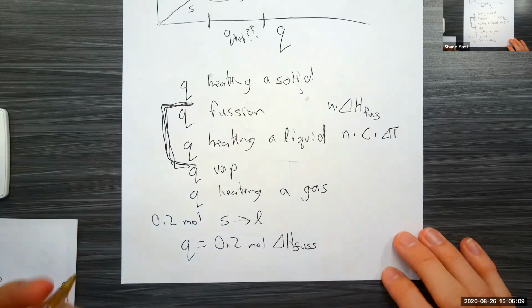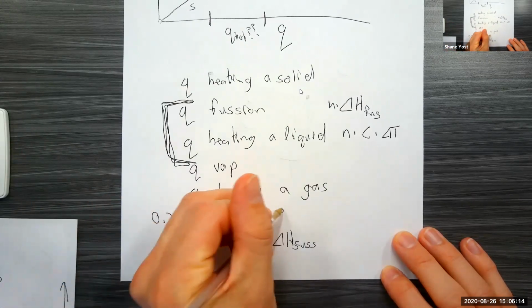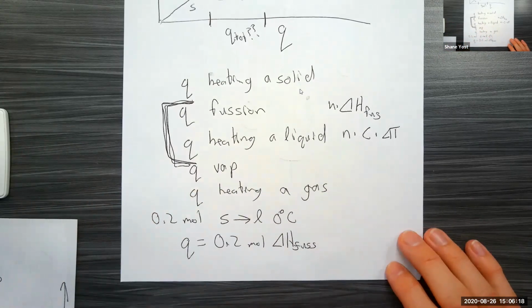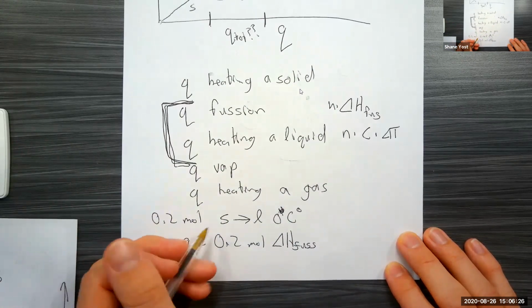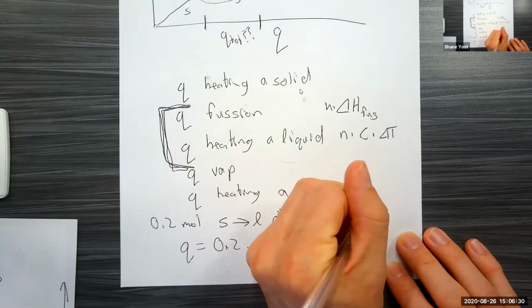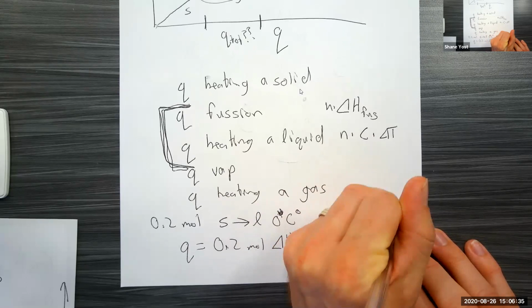And then after that, I now have a liquid at 0 degrees Celsius. And then I take my liquid and I heat it up to 8 degrees Celsius, so I go from 0 Celsius to 8 Celsius.